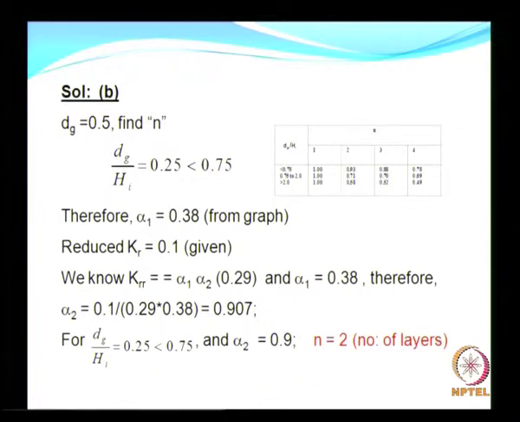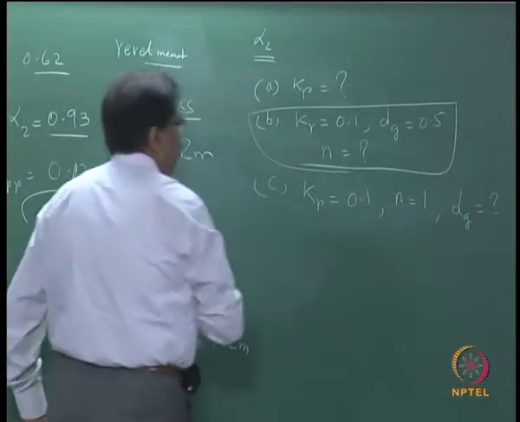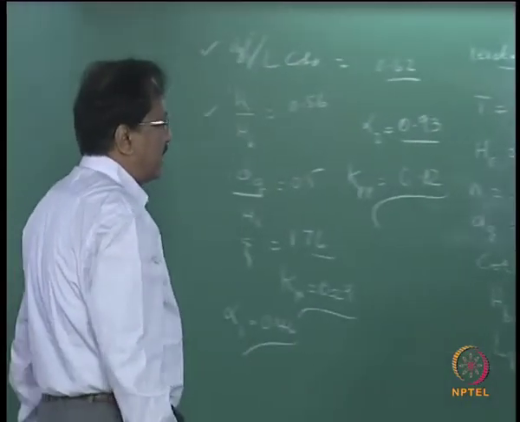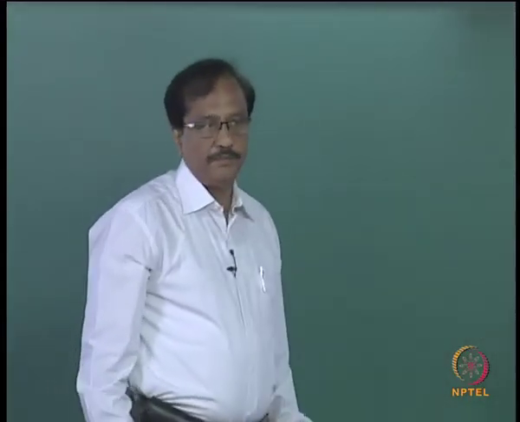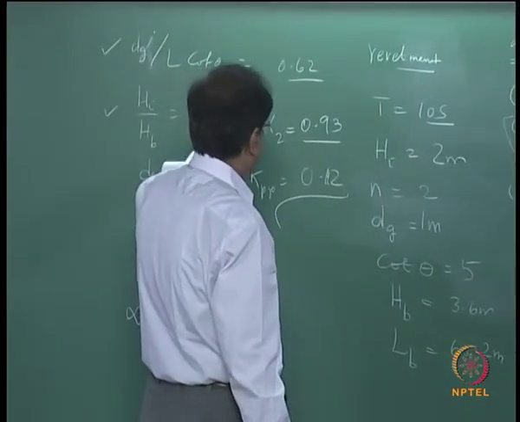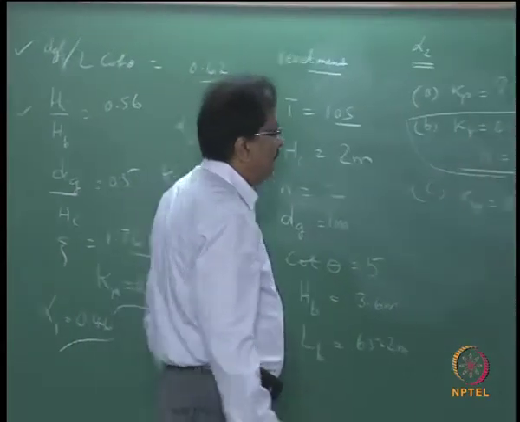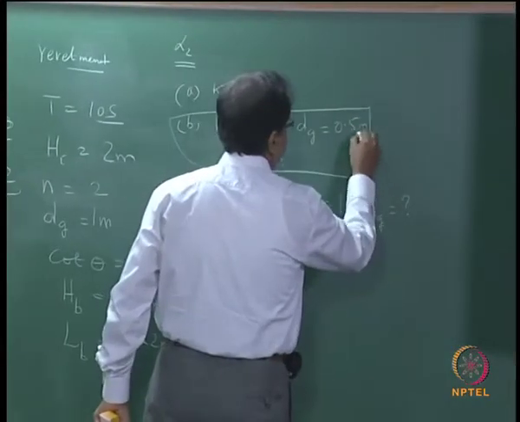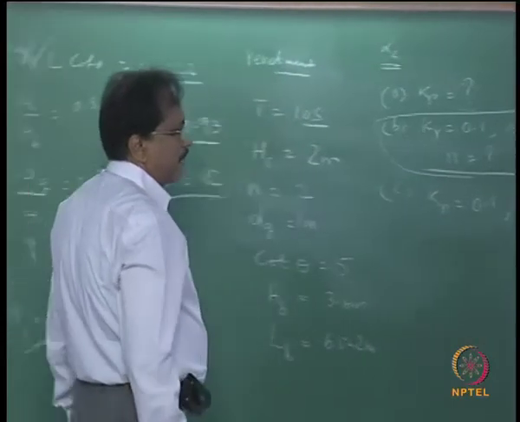Now let us move into the next problem. Next problem is, now kr is 0.1. Now we assume, instead of earlier problem of dg equal to 1 meter, now dg is considered as 0.5 meters.